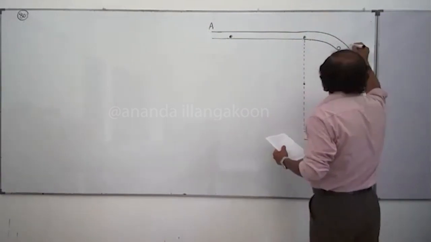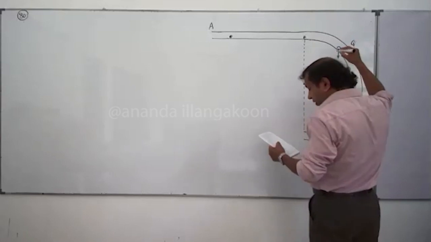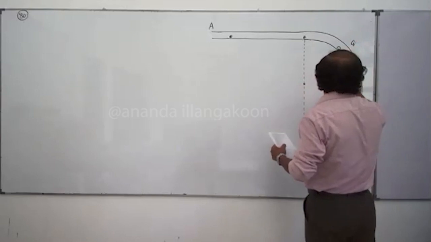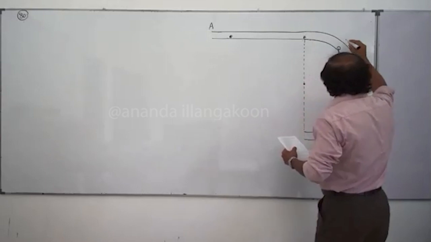Here Q, mass is 3m, therefore the weight is 3mg. The normal reaction comes in.